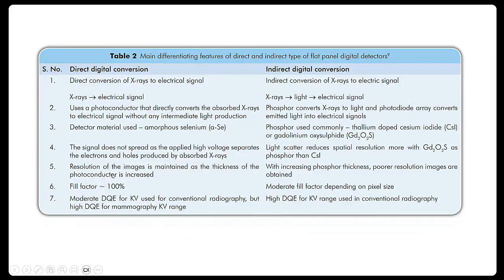It does not change. But with indirect digital conversion, as we increase the phosphor thickness, the resolution will drop. Then fill factor is almost 100 percent in direct digital conversion.